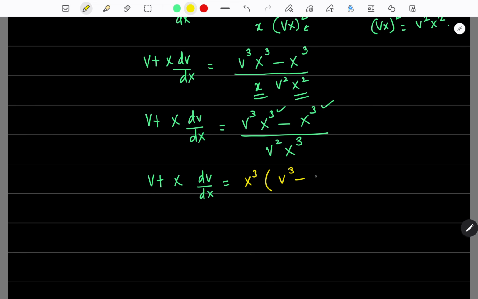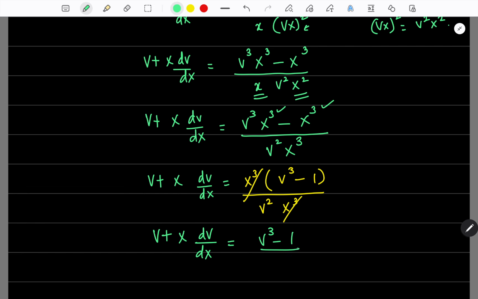I'll get v cube minus 1 divided by v square, and then x cube. So x cube gets cancelled. I told you, in the substitution method, on the right-hand side 99% of the time the x gets cancelled. Keep that in your mind. So what happens to the equation now? v plus x dv by dx is equal to v cube minus 1 divided by v square.